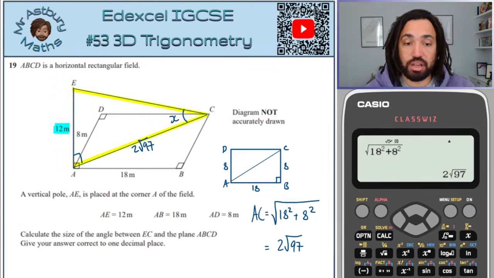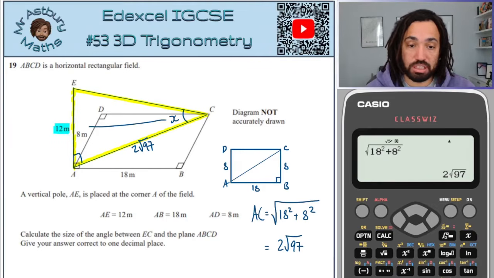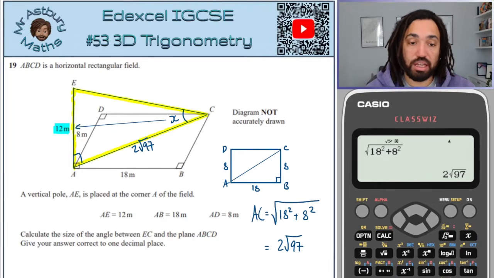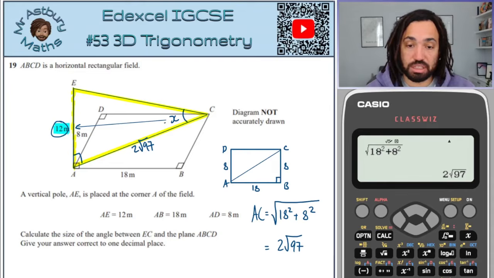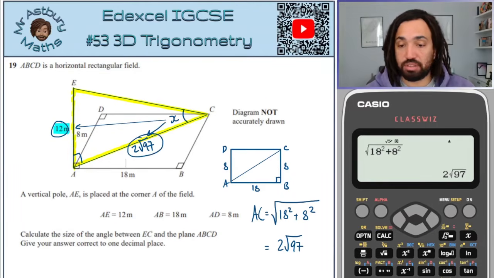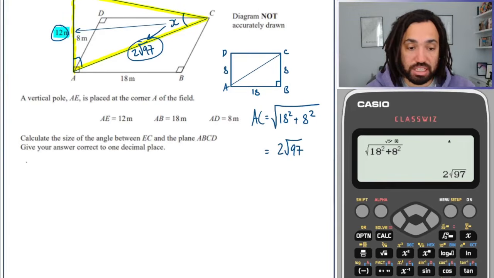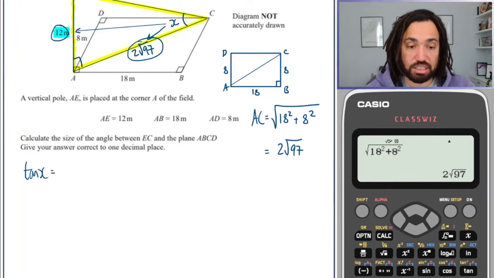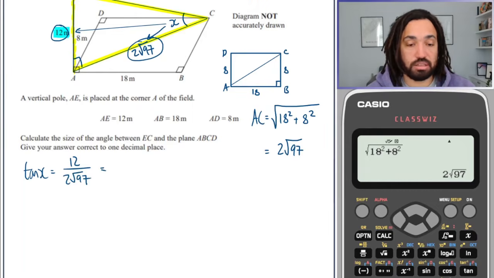We have the opposite, because it's opposite the angle, which is this 12 over here, and we also have the adjacent, which is next to the angle, which is this 2 root 97. So you can say that tan of x is equal to the opposite, 12, over the adjacent.